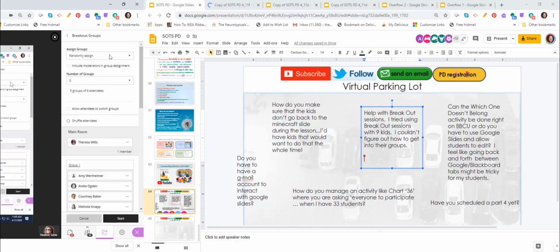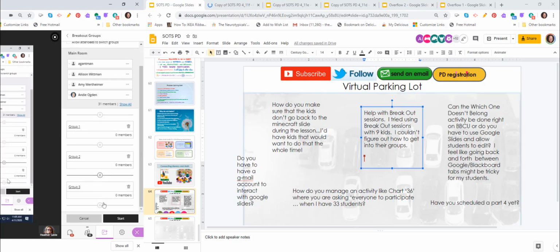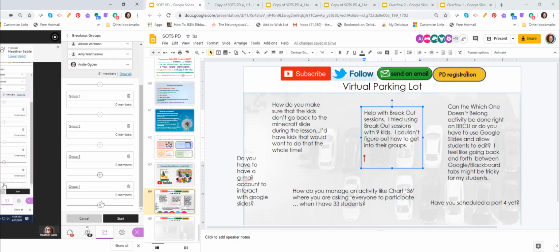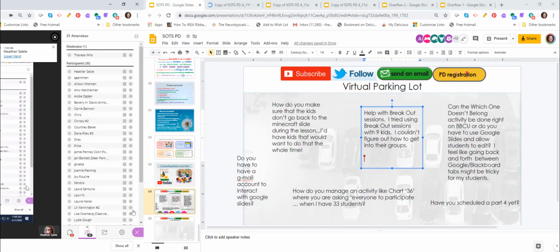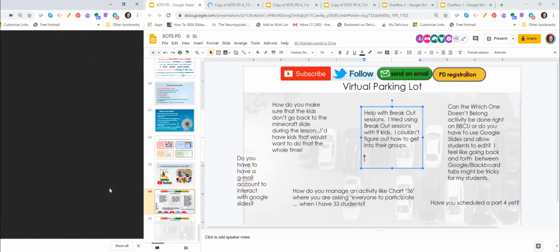there's a couple ways you can do it. You can do a custom assignment, which I find really nice when I have predetermined groups and put them on slides. All I do is create these empty rooms here, hit start, and they're still empty. Students can move down into them on their own time, but they're just empty places where they can then move in.